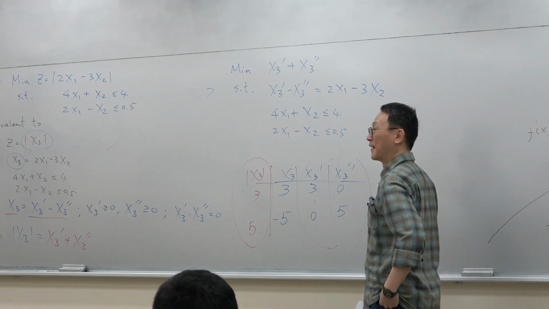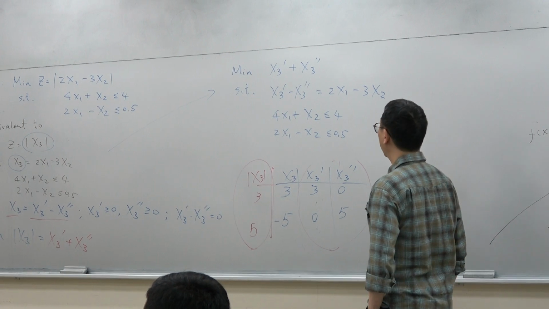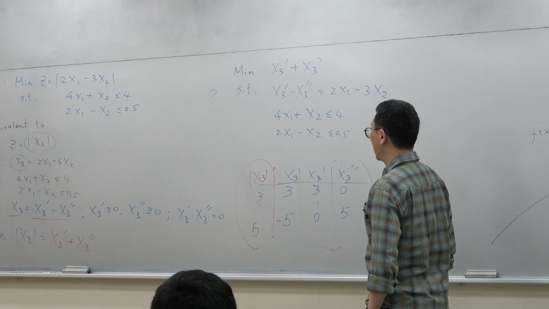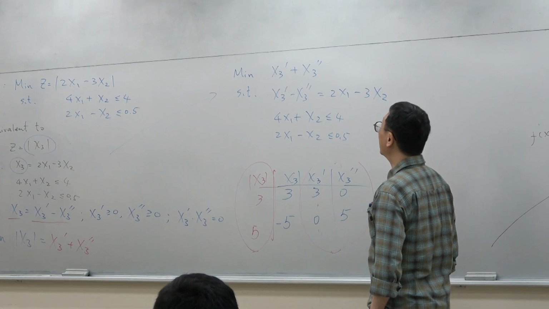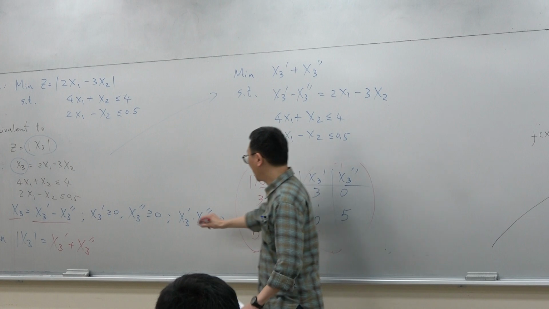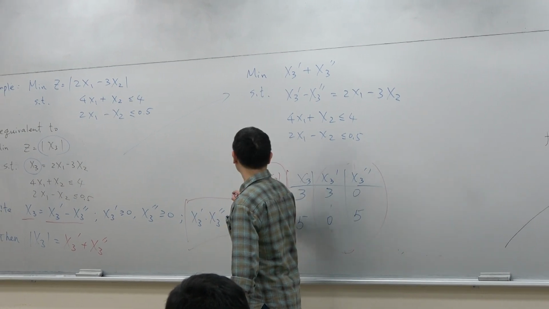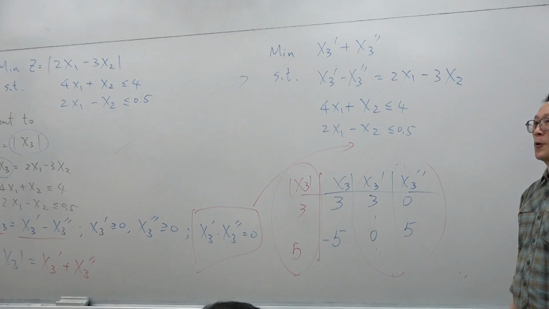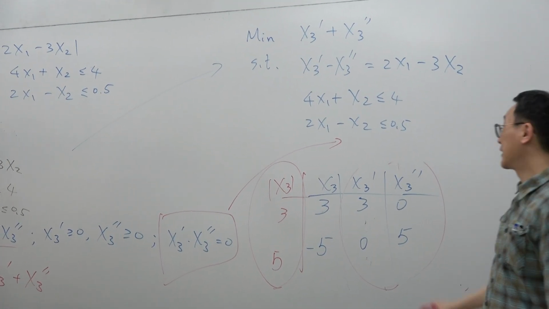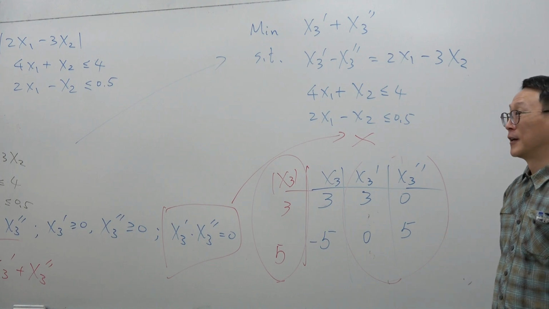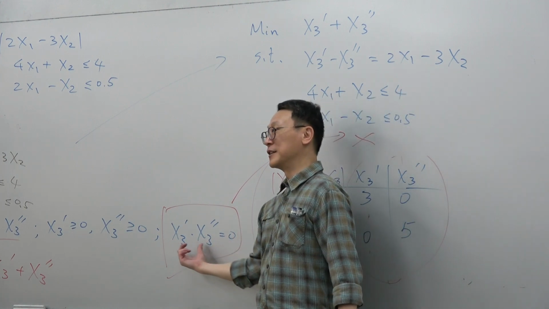We have x3 prime and x3 double prime multiplied together equal to 0. So it's okay, good question. I didn't add this one to express it. Why didn't I write it? It's still non-linear. If I add this one, it's still nonlinear.